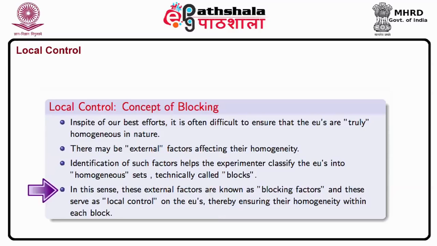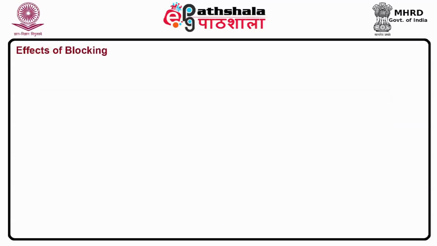Now, in this sense, these external factors are known as blocking factors, and these serve as local control on the experimental units, thereby ensuring their homogeneity within each block. So the idea is that within a block, the experimental units are seemingly homogeneous, whereas across different blocks, they are heterogeneous, because that is how the blocks have been formed. Yes, sir. Very good.